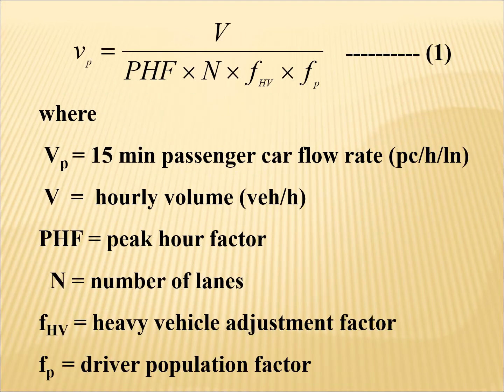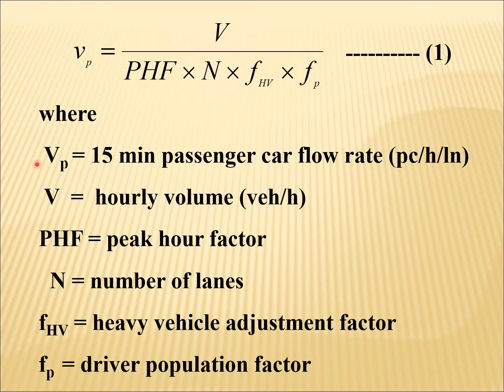So this is equation 1. V sub P is equal to V divided by PHF, N, F sub HV, and F sub P. Here, V sub P is the 15-minute passenger car flow rate in passenger cars per hour per lane units.